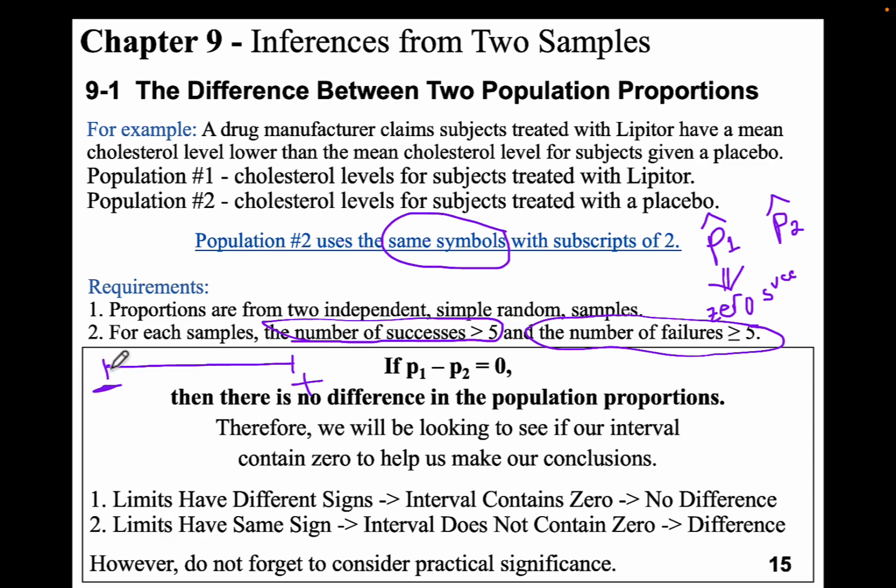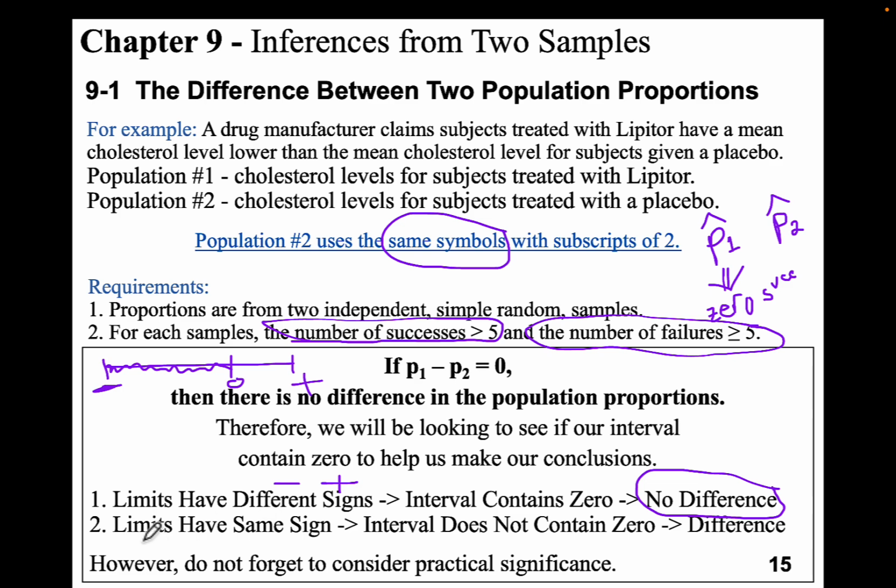So somewhere along this path, in this interval, you'll find 0. So this is a nice note. If your limits have different signs, for example, 1 negative and 1 positive, then your interval contains 0, and we're going to say, well, if it contains 0, that means that there is no difference in the population proportions.